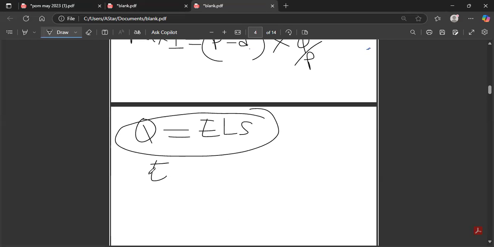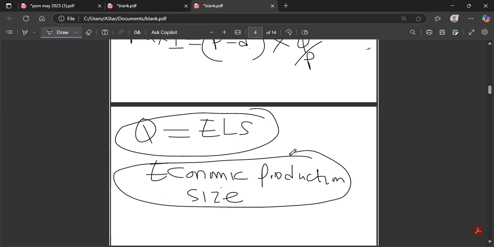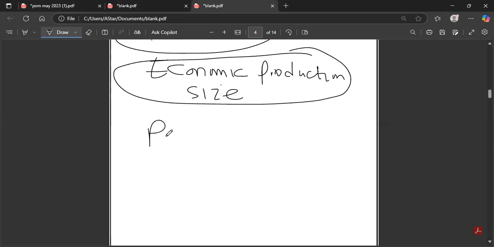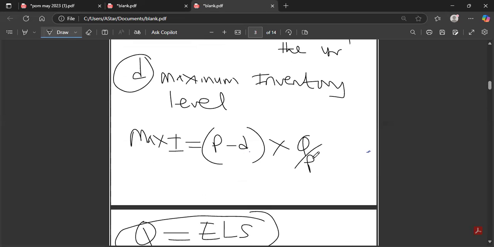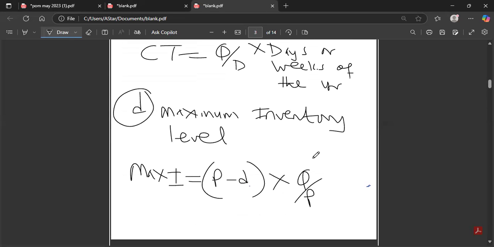So this Q is equal to economic production size. So P minus D is what we call in the inventory called inventory build up. So write the formula if you are writing. Okay. Is that okay?